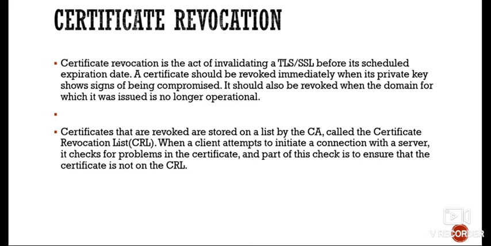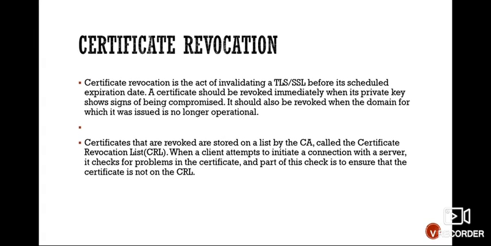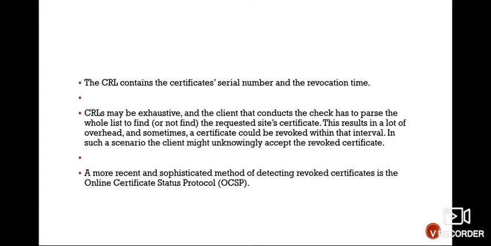Certificates that are revoked are stored on a list by the CA called the Certificate Revocation List (CRL). When a client attempts to initiate a connection with a server, it checks that the certificate is not on the CRL. The CRL contains the certificate serial number and the revocation time.